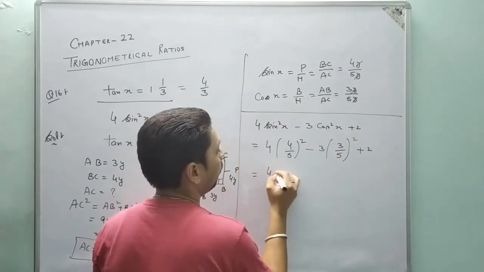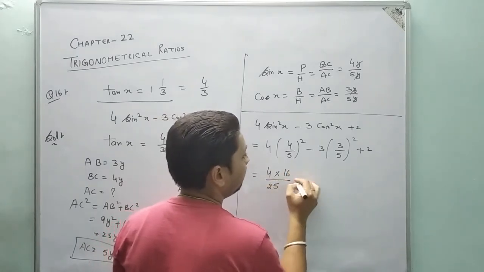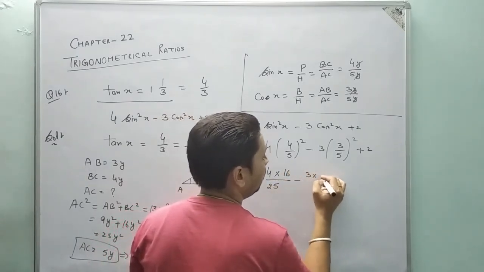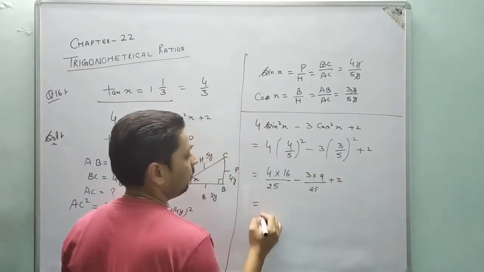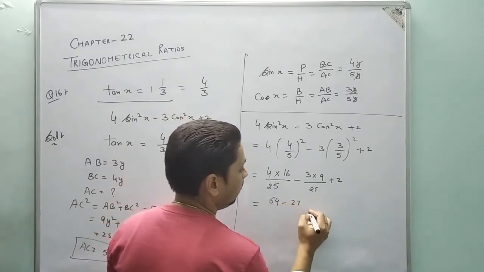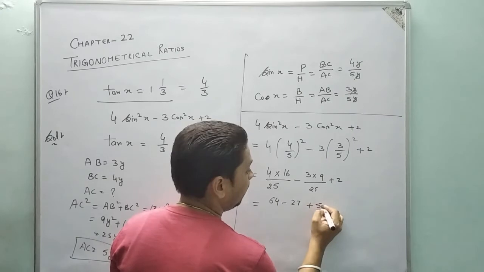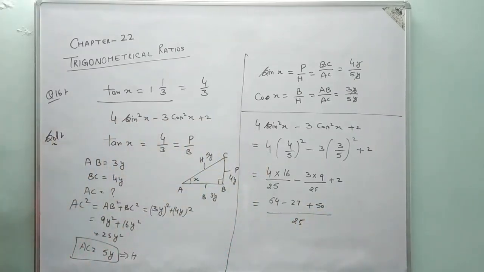It will give you 4 into 16 upon 25 minus 3 into 9 upon 25 plus 2. It will give you 64 minus 27 plus 50 upon 25.